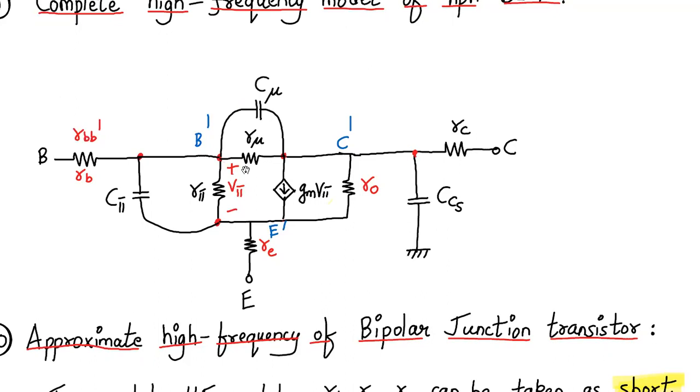And R mu can be considered an open circuit, because its value is very, very large, 5 to 50 megaohms. So R mu can be replaced by an open circuit, and RB, RE, and RC can be replaced by short circuits.